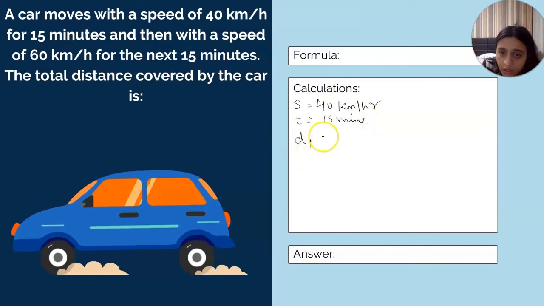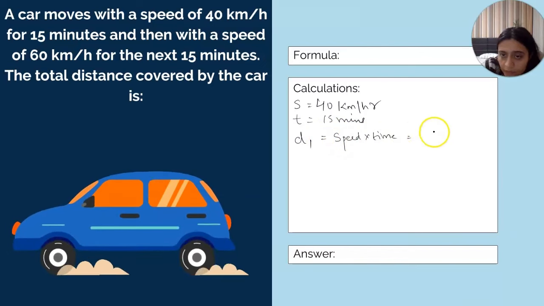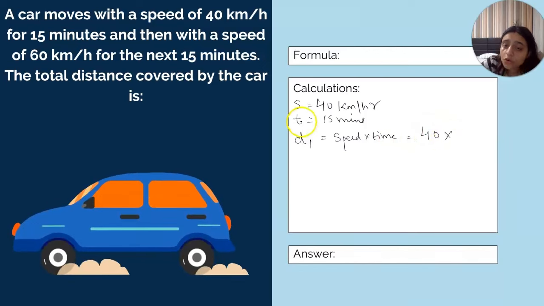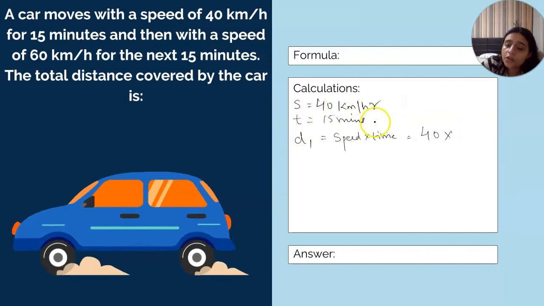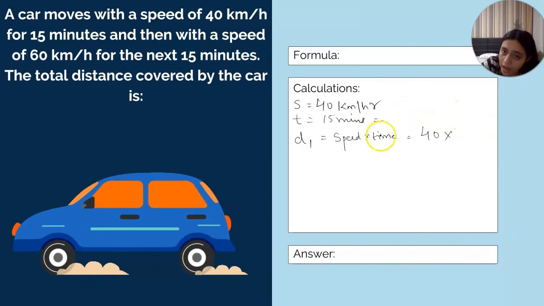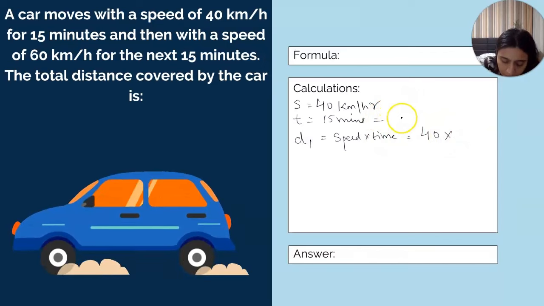So in order to calculate the distance 1, you already know the formula, speed multiplied by time. Now you're just going to put the values, which is 40, but you're not going to put 15 minutes here. You need to change it, right? You need to change it into hours. So by changing it, you will get how much?